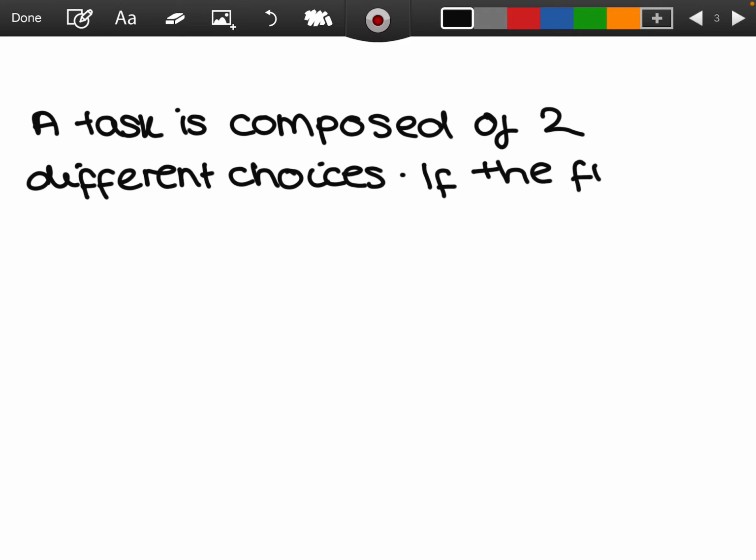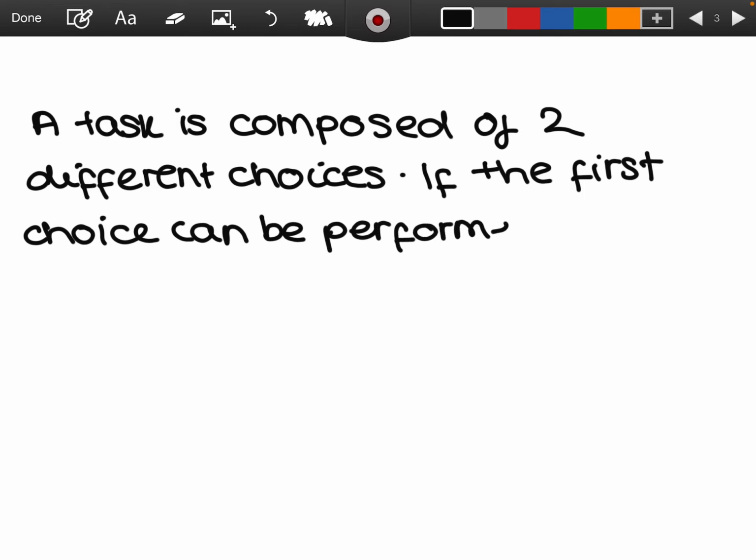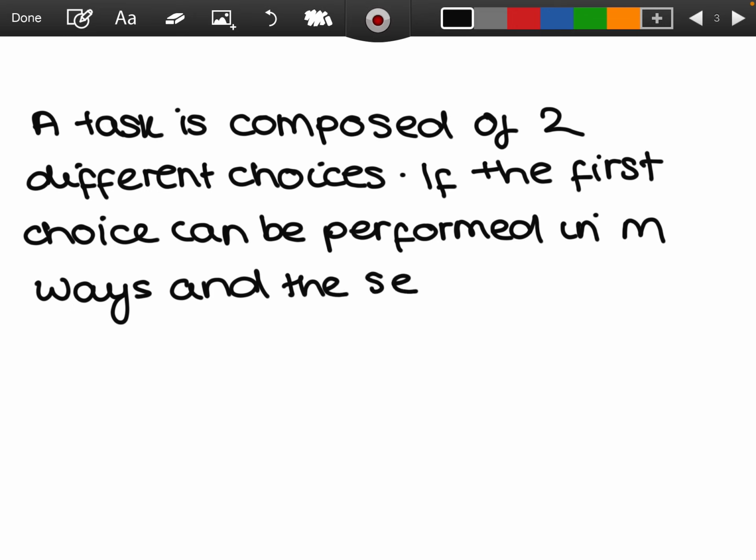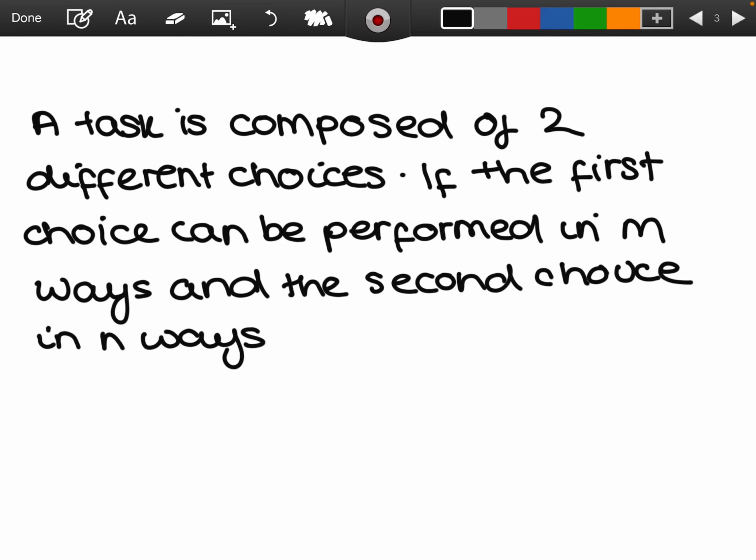If the first choice can be performed in M ways, and the second choice in N ways, then the whole task can be completed in M times N ways.